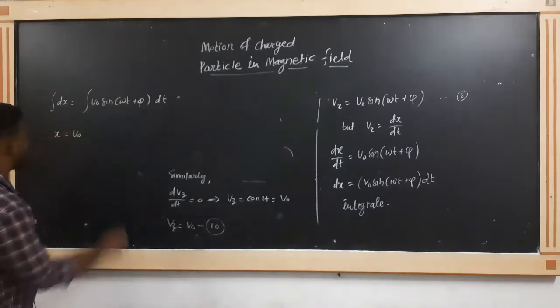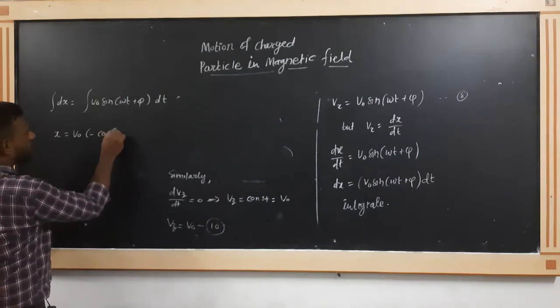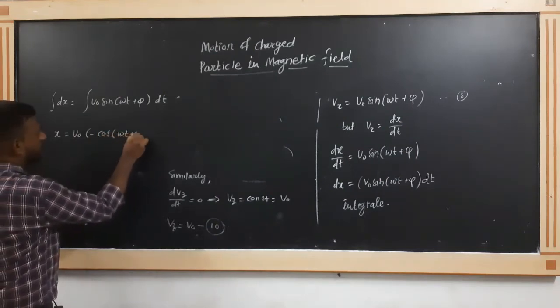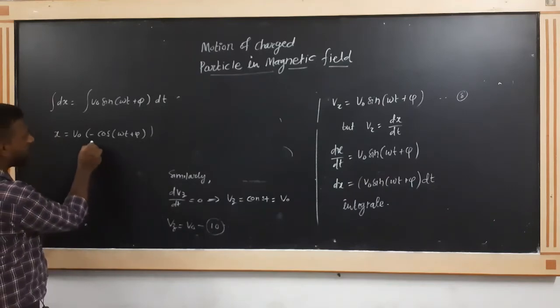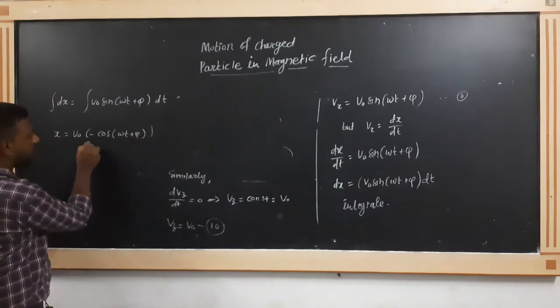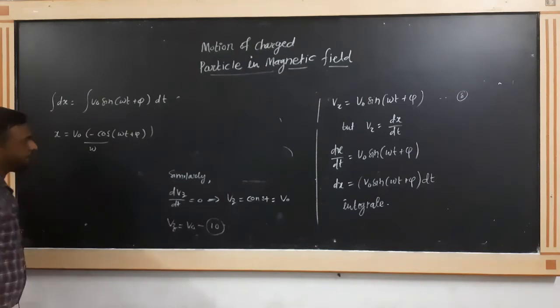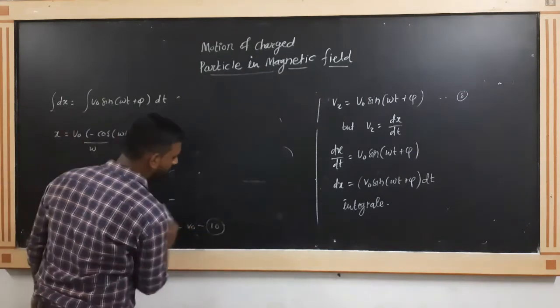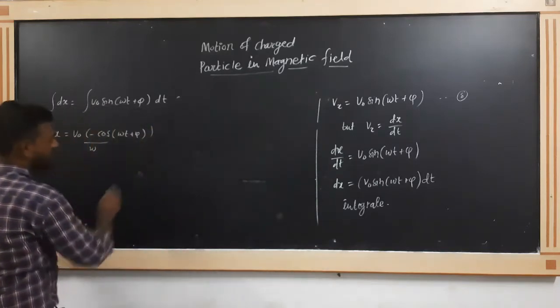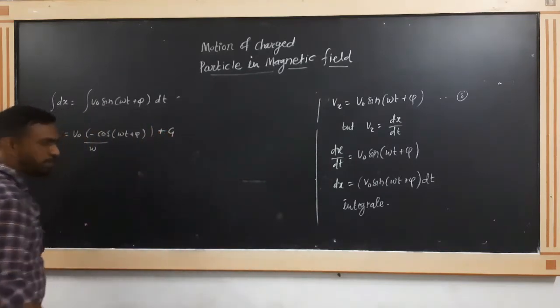Minus cos of omega t plus phi divided by the derivative. So what is the derivative of omega t plus phi? Omega. So minus v0 upon omega cos, and plus some constant of integration, let's say c1.